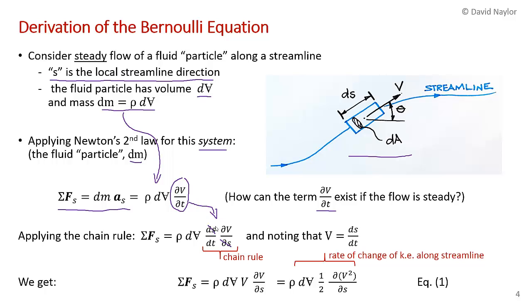Now, we note that this term ds/dt, the rate of change of distance with time, is just the local velocity. So that's just v here. So we can rewrite Newton's second law as, of course, rho dV, that's dm, and then v dv/ds. One more little trick to do before we move on.